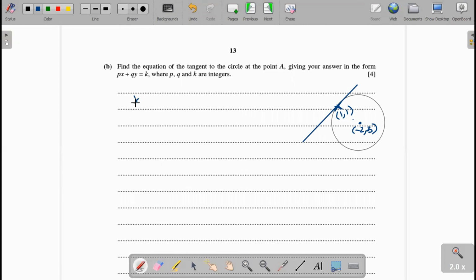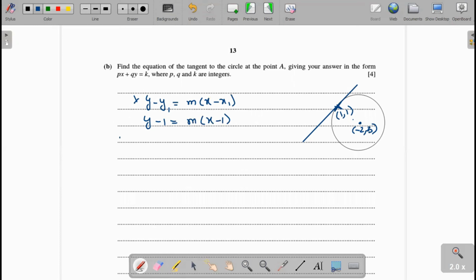The equation of a line is y minus y1 equals m into x minus x1, so the equation is y minus 1 equals m into x minus 1.